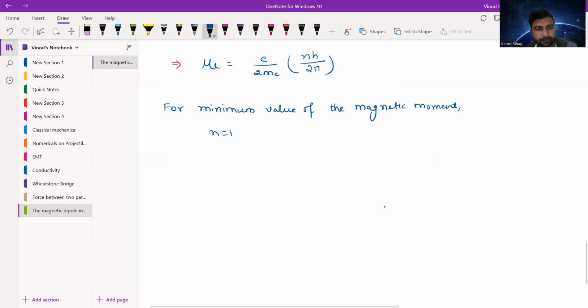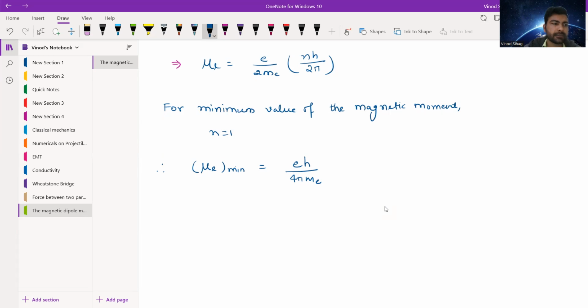So we should write here, minimum magnetic moment equals e h upon 4 pi me, 2 into 2, 4 pi me.